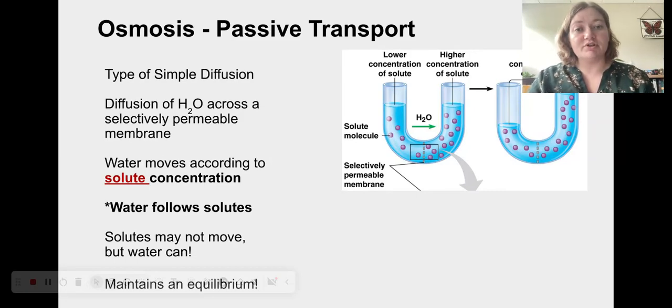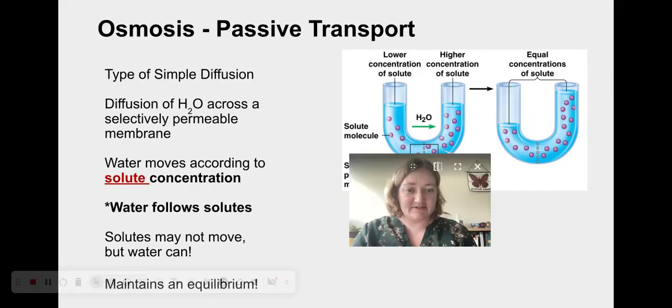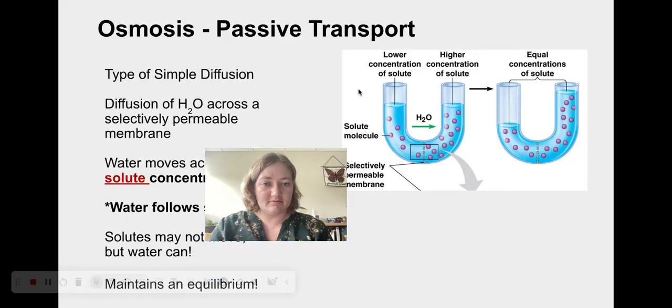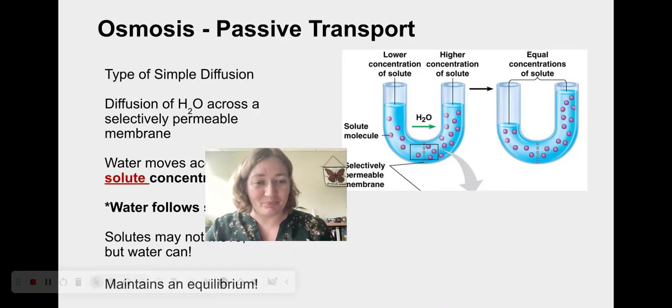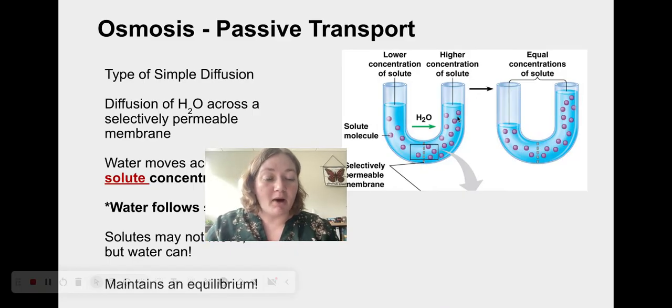And water is going to move according to the solute concentration, right? So the water follows the solutes. The solutes can't move, but the water can. If we look at our image here, we see on one side of our U-tube, yes, that is what it's called, a U-tube, there are many more molecules than on the other side.